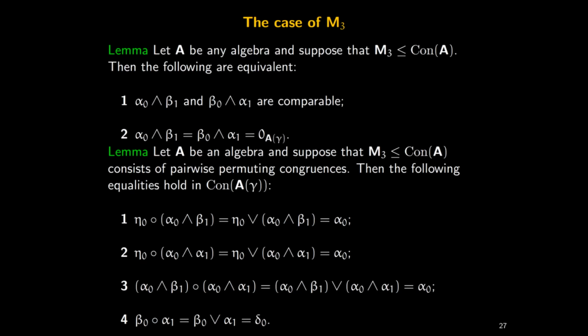This was to simplify the otherwise really huge construction that you can get in this case. If you assume the permutability of the congruences of this sublattice, a lot of the congruences are collapsing. This is an example of a lemma that you can obtain.